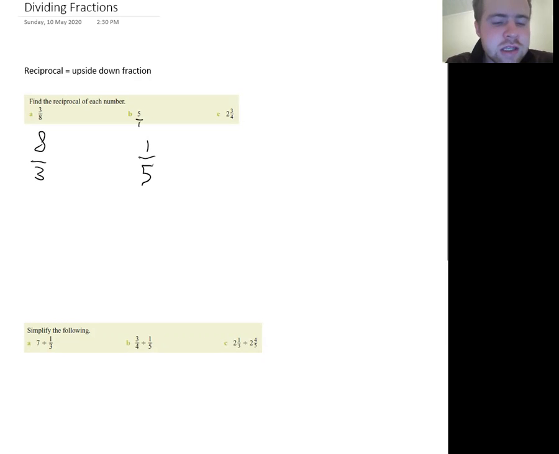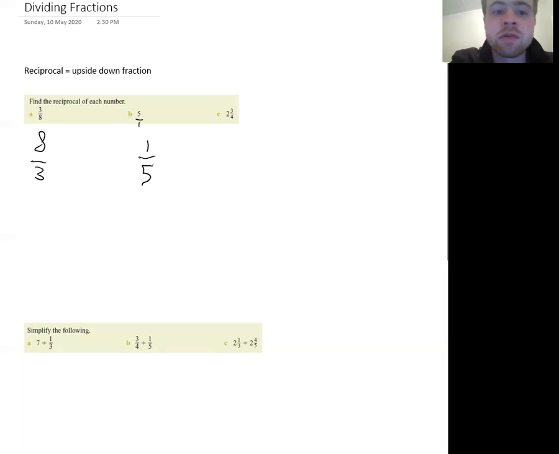Okay, now for this last example here, we have a mixed numeral. And guess what? Yes, we have to convert the mixed numeral into an improper fraction first before we can find the reciprocal. Now remember, the way that we convert to improper fractions is we need to multiply the number out the front by the number on the bottom. So how many fourths or quarters are there in 2?